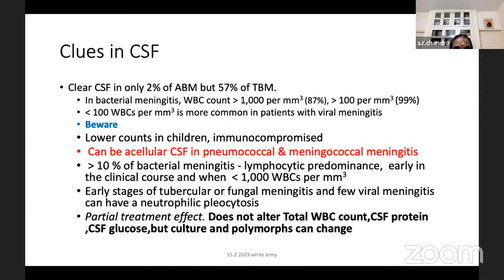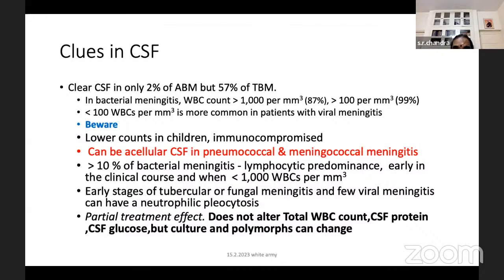So what are the effects of partial treatment? It is the commonest presentation in a teaching institution, partially treated as a pneumonia or chest infection, which will act on the CNS also, but the dosage is for the systemic infection and not for the CNS infection. So what you should know, in the CSF, partial treatment does not alter the WBC count.